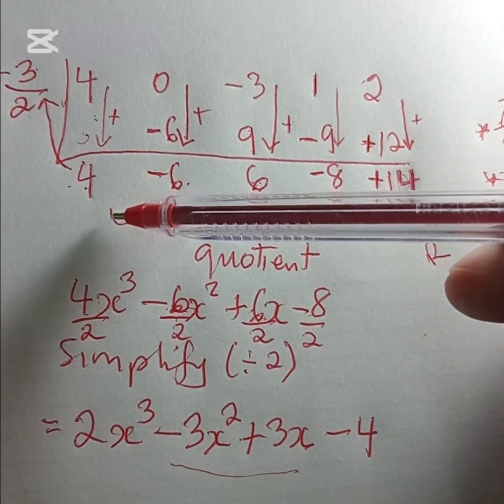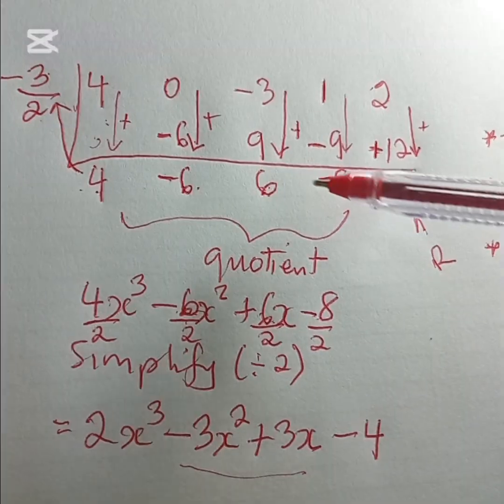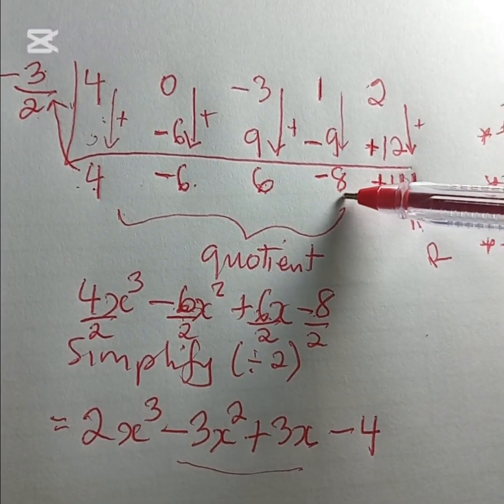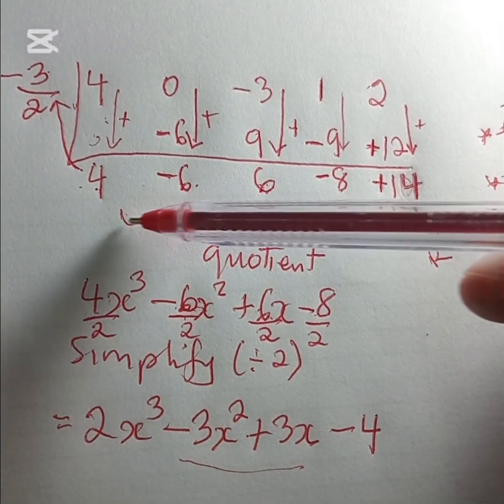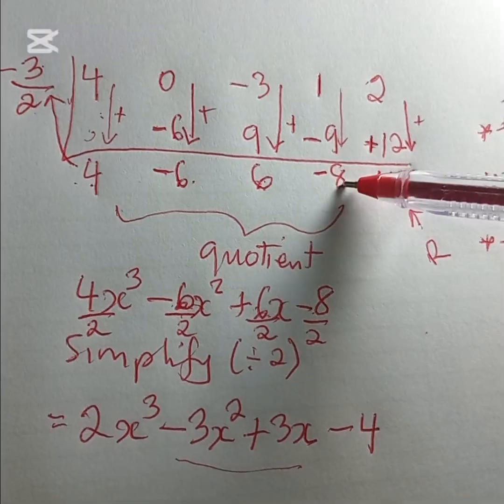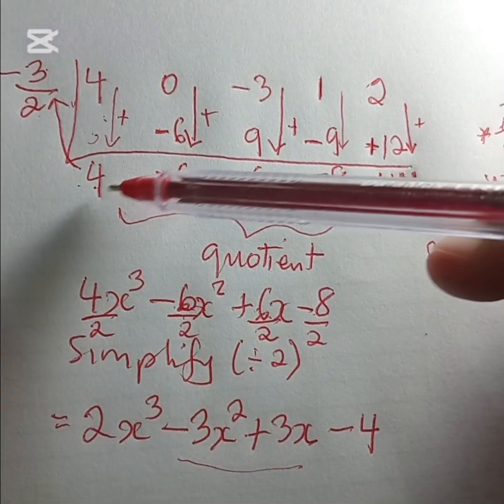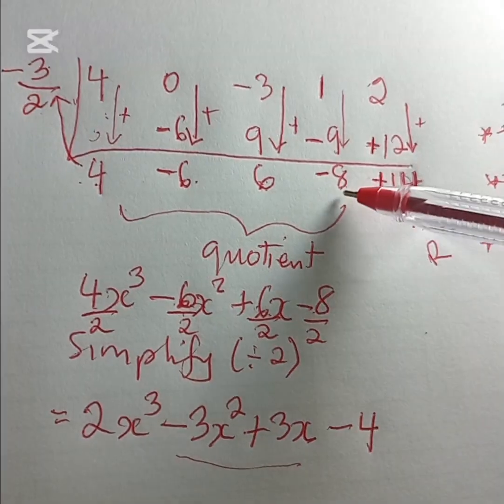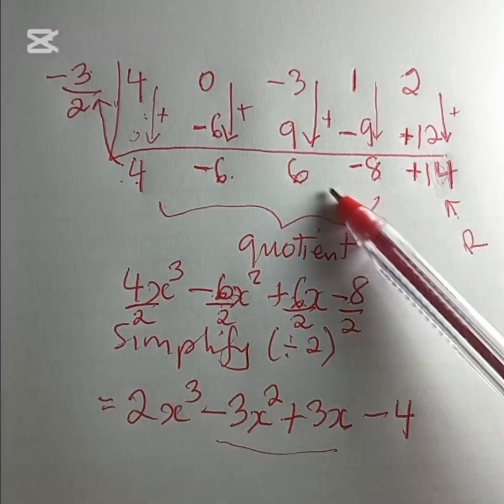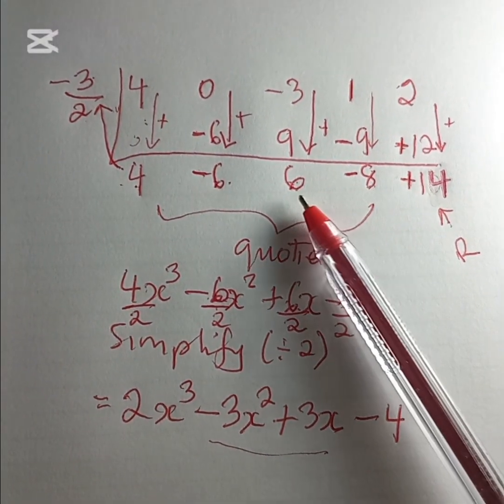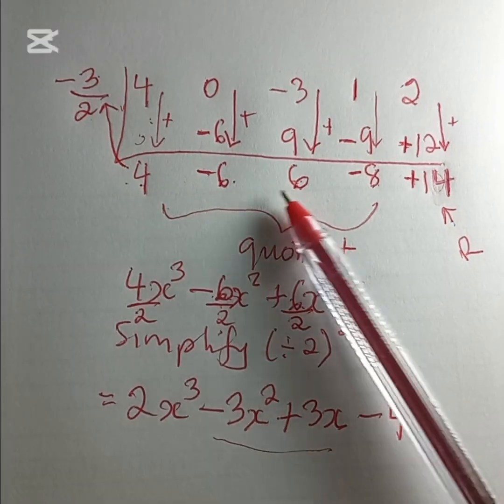And for the quotient, we will use all these remaining numbers. The last one is the constant, and all these are coefficients of x.